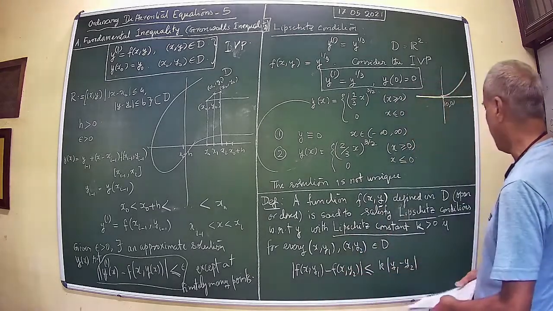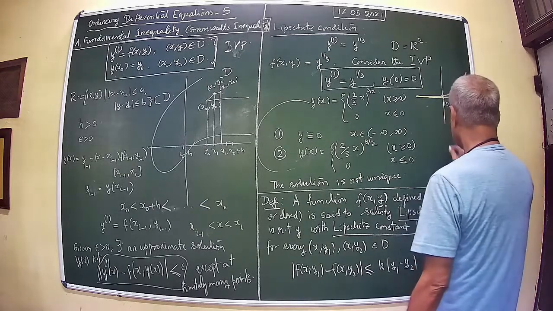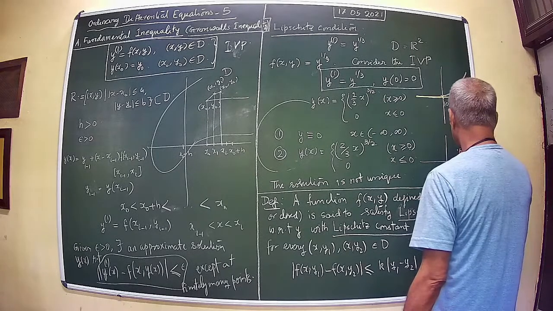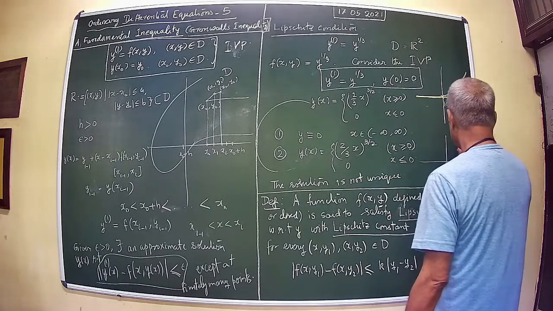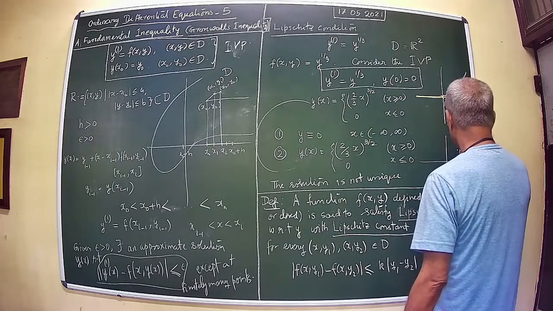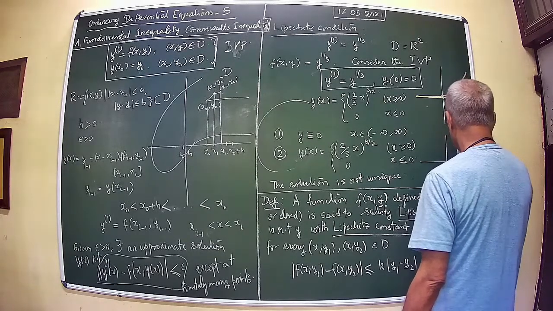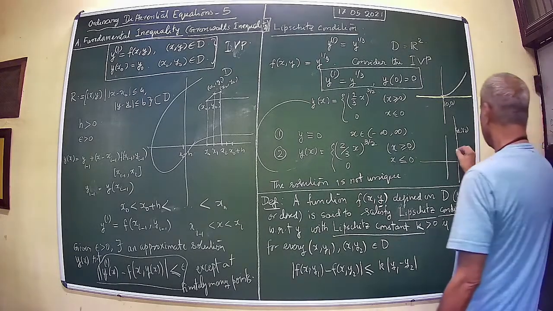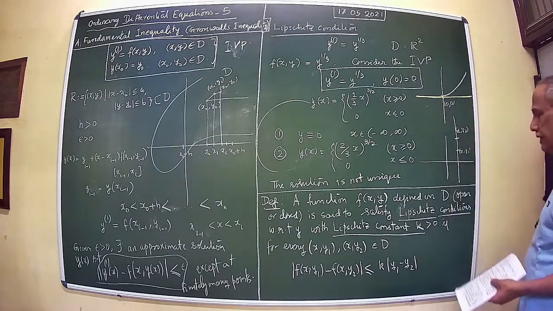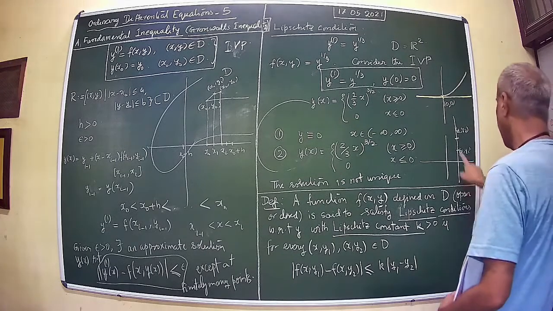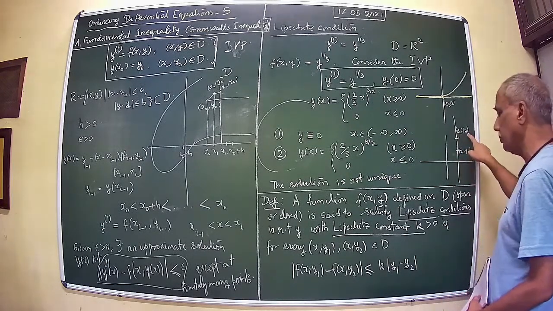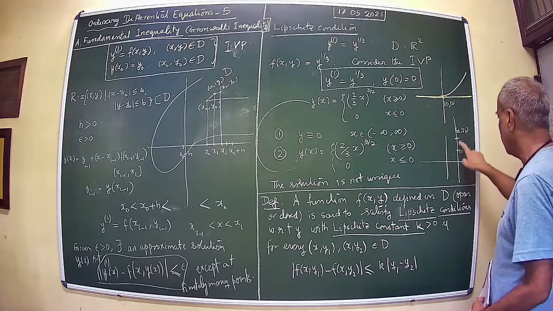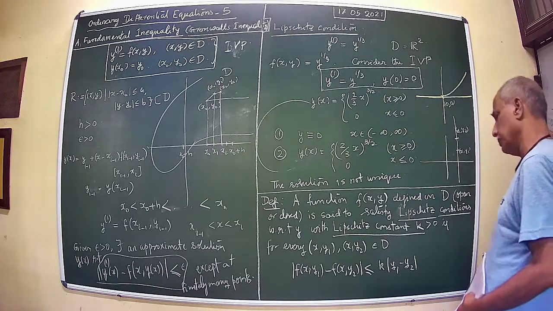Okay. So what it says is this: suppose (x, y1) and (x, y2) are points on the same vertical line. The difference in the values of f at (x, y1) and (x, y2) is bounded by k times the distance between y1 and y2.